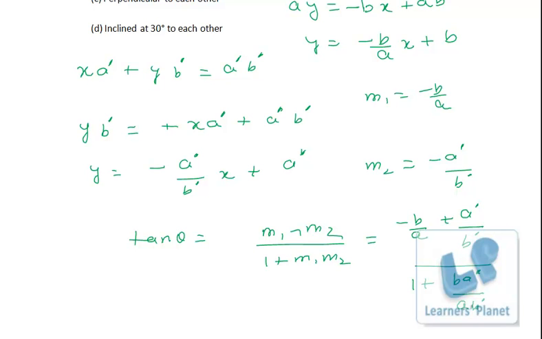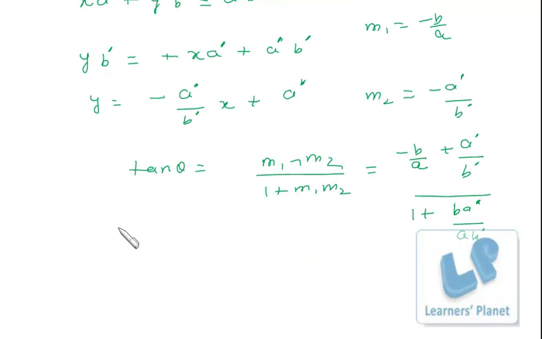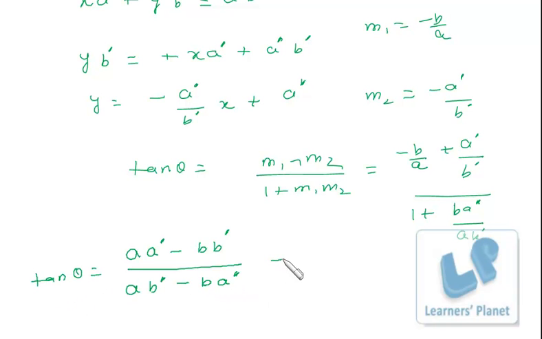Just quickly take the LCM. It is A dash B minus A B dash upon AB dash, and the AB dash will cancel out. So it will be AA dash plus BB dash by AB dash minus BA dash. That is tan theta.